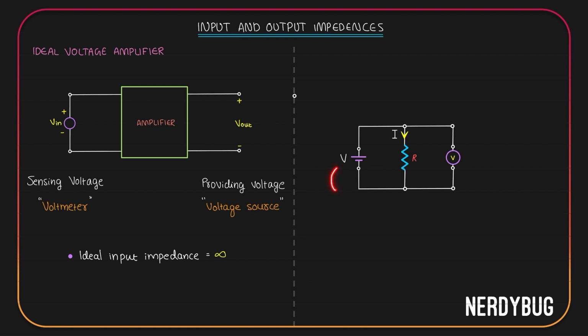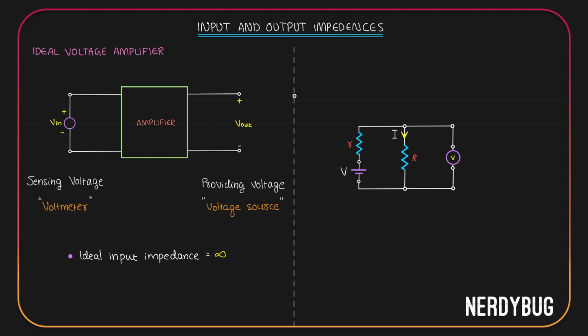Again, over here we have a cell which is a voltage source. Assume it has some internal resistance. Obviously, if I want my voltage source to be perfect, all of the voltage V should drop across my resistor R over here.